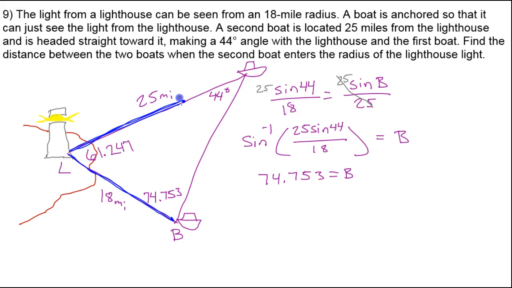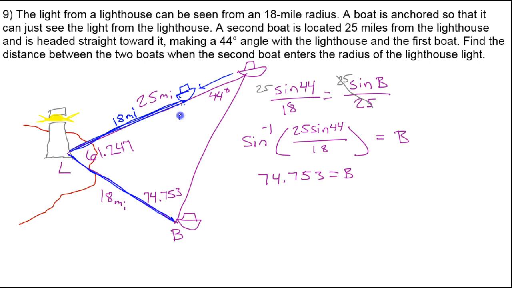So now we want to know what will be the distance between the two boats when the second boat moves closer to the lighthouse until it's 18 miles away. So things have changed at this point. The boat has moved closer and now it's here. Now that doesn't change the angles that we found from the first snapshot, so we can still use them if we need to.